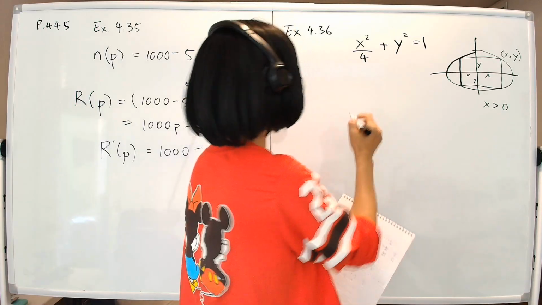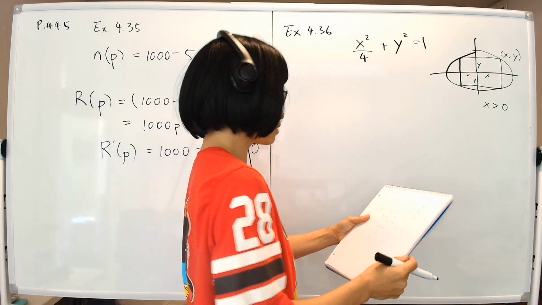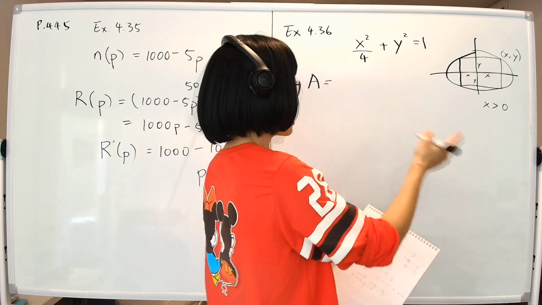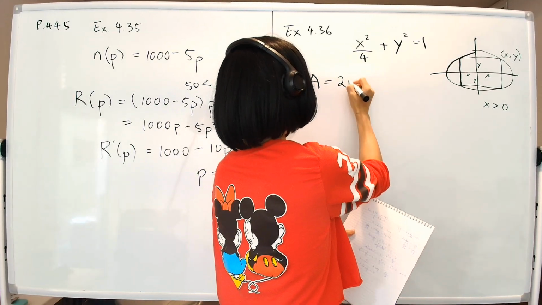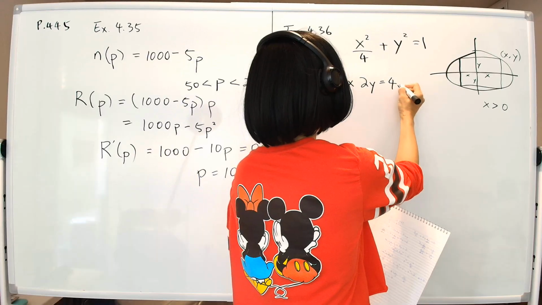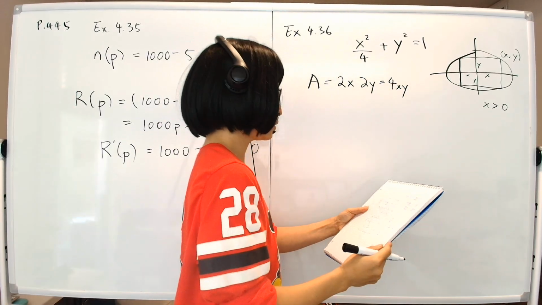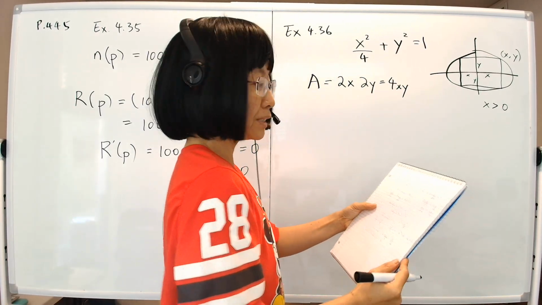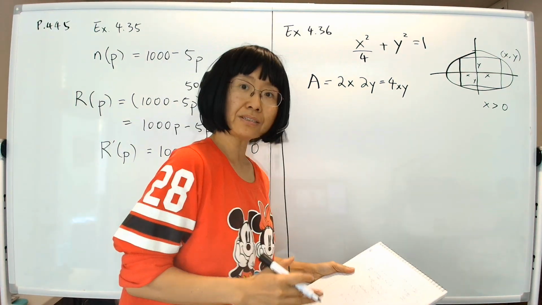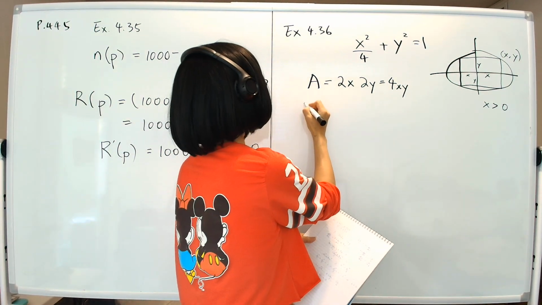First, we are trying to find the area in order to maximize it. The area of the rectangle is length times width, which in this case is 2x times 2y, which equals 4xy. To find the maximum, we need to take the derivative and set it to 0.